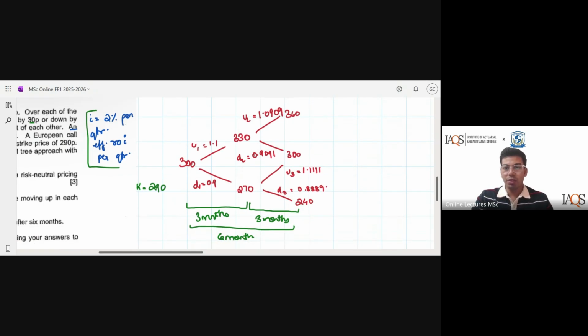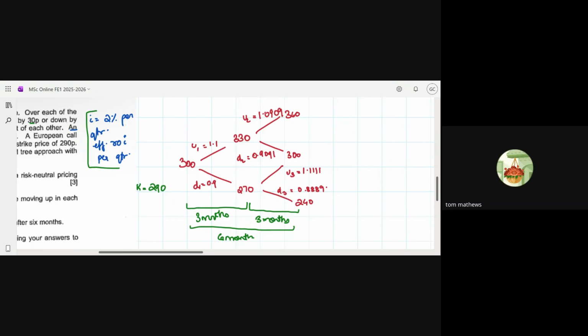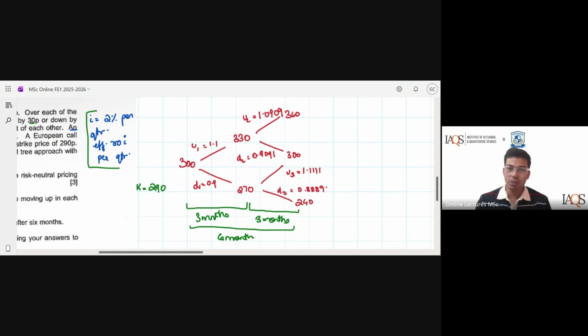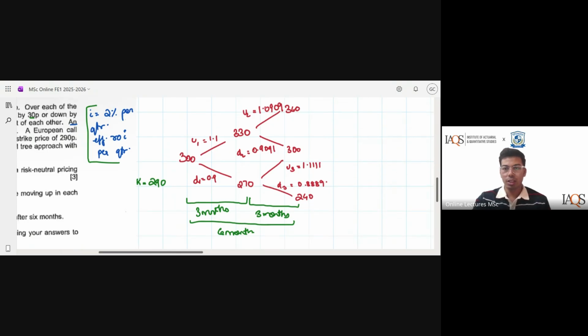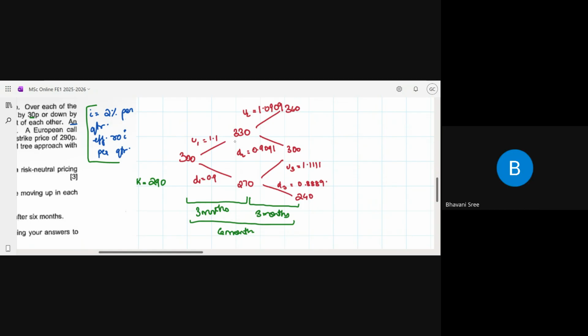Okay. Now tell me whether it's a recombining model or a non-recombining model. Non-recombining model. So you'll have to solve it as non-recombining. You can't have a single value of q. Now give it a try. Bhavani, understood what I did over here? U1, D1, U2, D2. Perfect. Yes, sir.